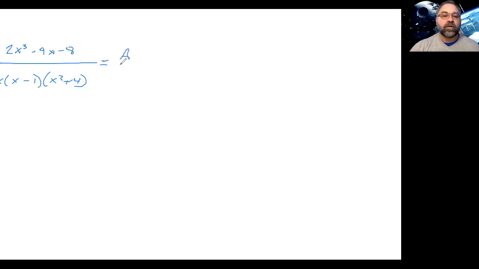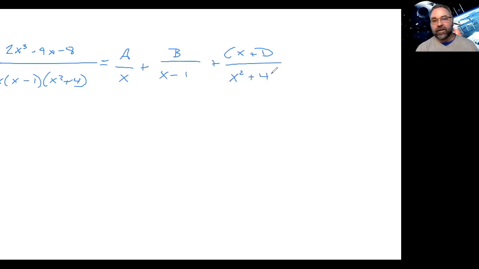So we're going to have A over x, just like before. We're going to have B over x minus 1, just like before. But now we have to put a linear term in the numerator, because we're always trying to get the degree down by 1, unless it's that repeated linear factor.